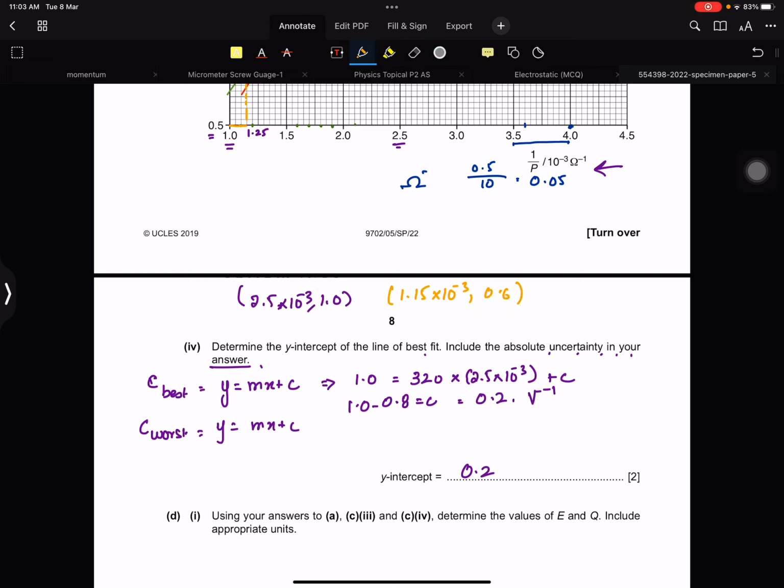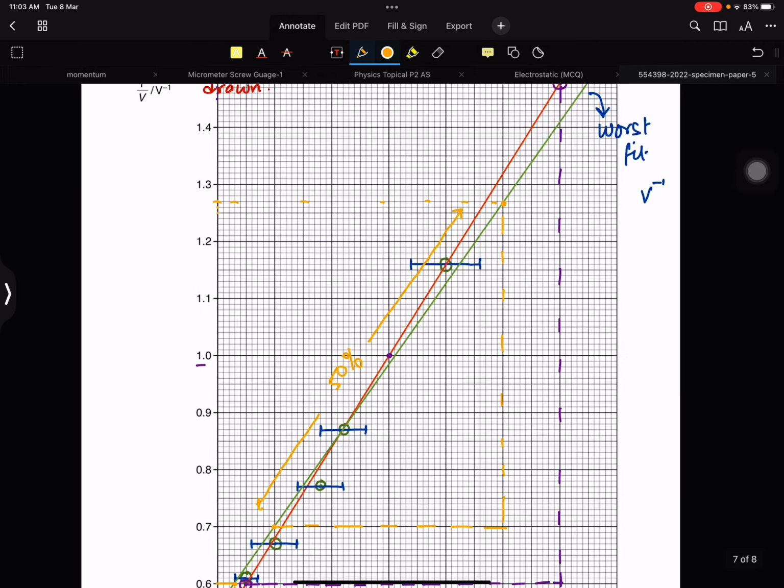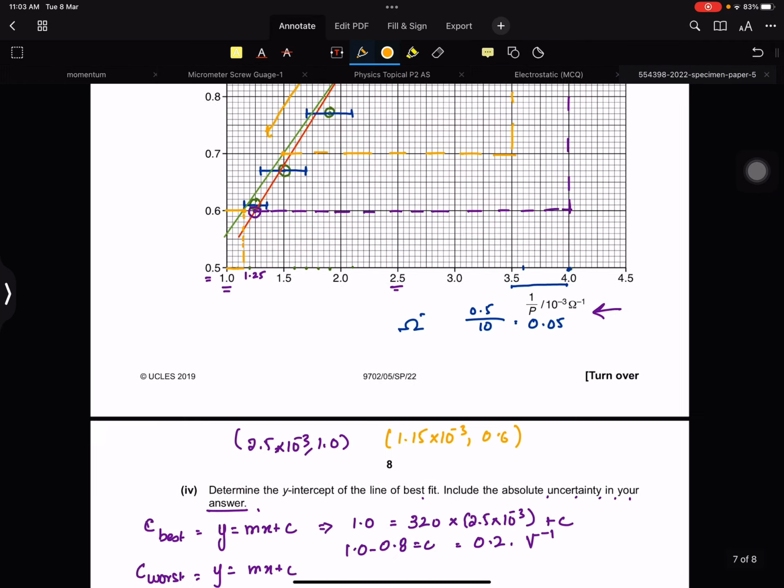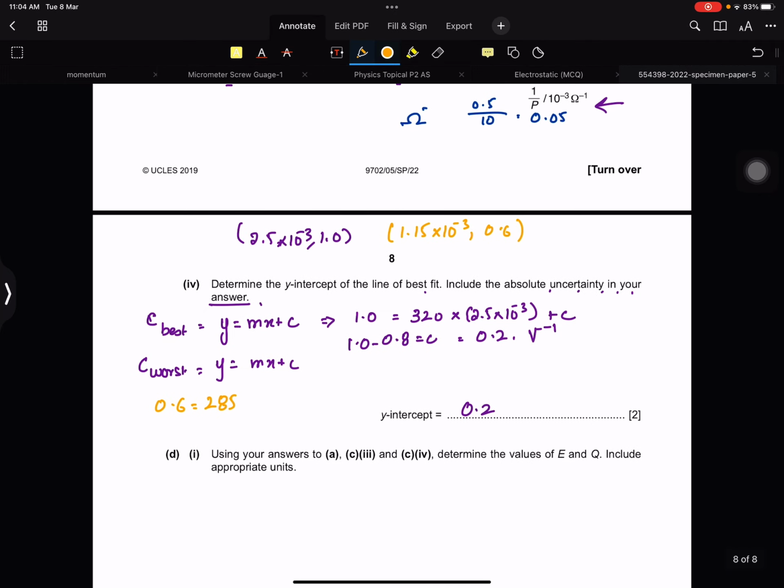So this will be 0.6 equals, the gradient was 285. How do I know? It's right here, I calculated it. And then the x is 1.15 times 10 raised to minus 3, plus c. So let's see what you get.